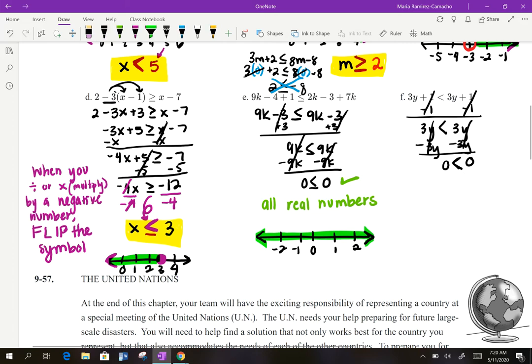If two numbers are equal, one cannot be less than itself. And so this is false. Typically, when you have an equation that's false, you write no solution, and that's what we're going to write here.